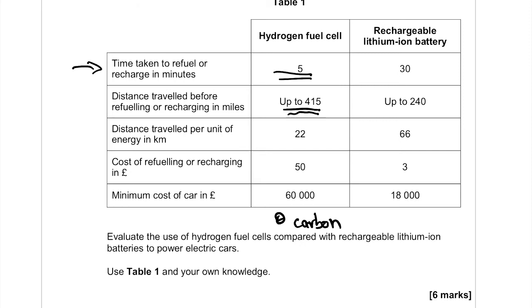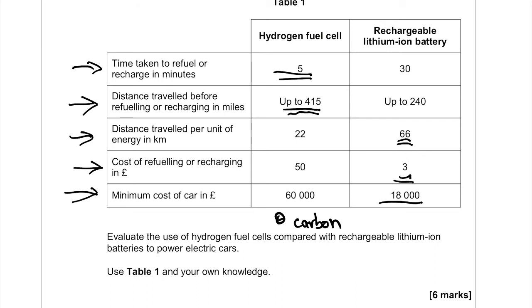You obviously cannot use the distance travelled and the time taken to refuel, but these 3 points are all for lithium-ion, so refueling is much cheaper, and also the energy efficiency for using electricity to directly power the engine is much higher than if you would just burn hydrogen on the go. And the minimum cost of lithium-ion battery cars is much cheaper because the industry is much more developed.